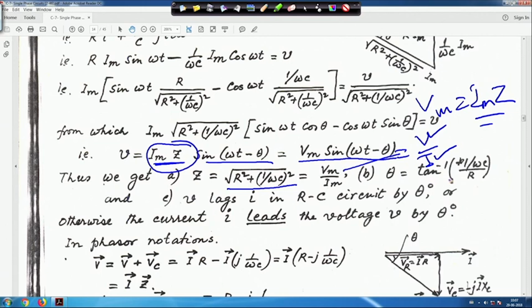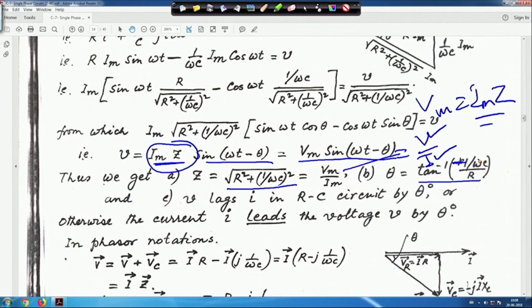And theta equals tan inverse of 1 upon omega C by R, but with a minus sign, so it is tan inverse of minus 1 upon omega C R. In the case of the inductive circuit, theta was positive, it was tan inverse of L omega by R.